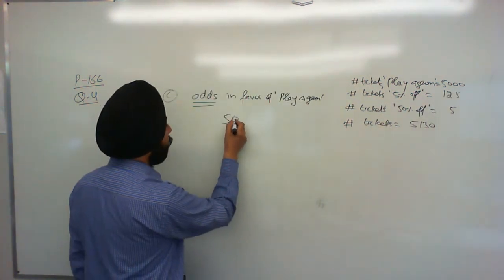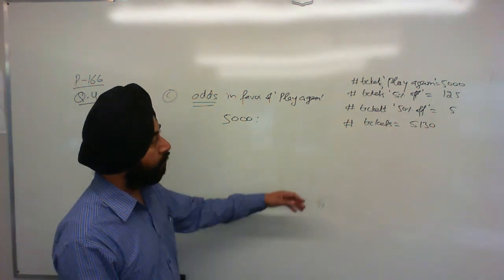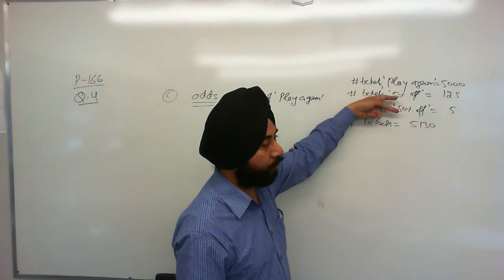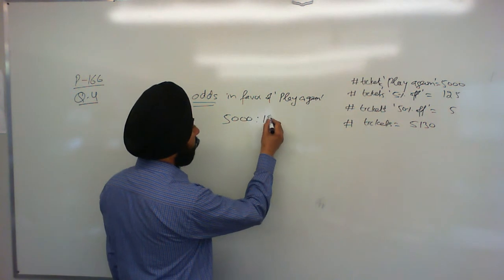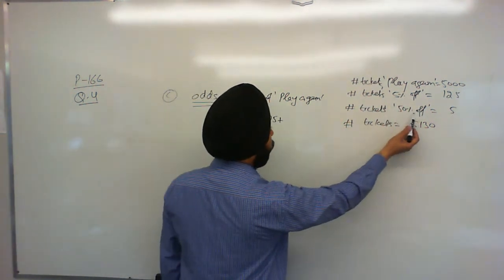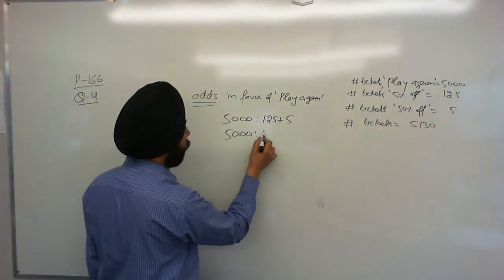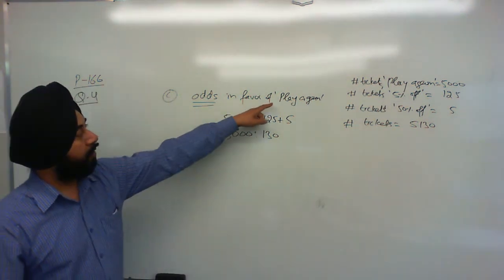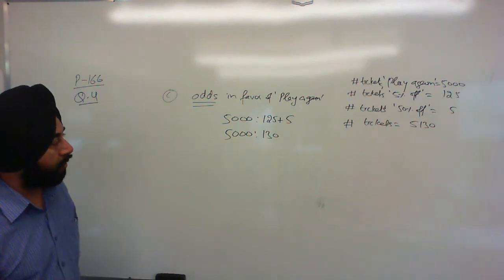This is in favor of this event. And how many tickets are against it? Against means those tickets that are not like this, the sum of these two: 125 tickets that say 5% off and 5 tickets that say 50% off. So this is 5,000 to 130. The odds in favor of getting a ticket that says play again is 5,000 to 130.